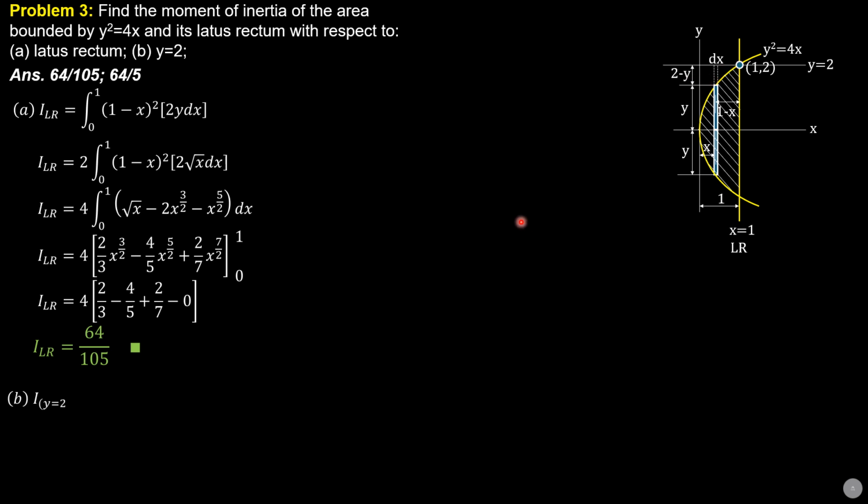So I with respect to the line y equals 2 is 1/3 times the bigger rectangular strip, (2 plus y) cubed, minus (2 minus y) cubed dx.